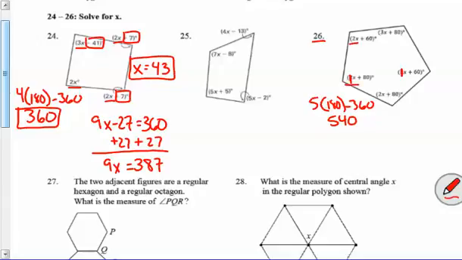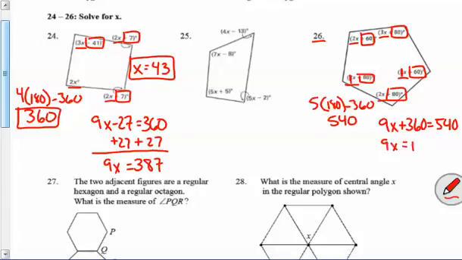So 1 plus 2 plus 3 plus 1 plus 2 is 9x. 80 plus 60 plus 80 plus 60 plus 80 would be 360. And that has to all equal 540. Adding up each of the interior angles has to equal 540. So 9x equals 180. x will equal 20.